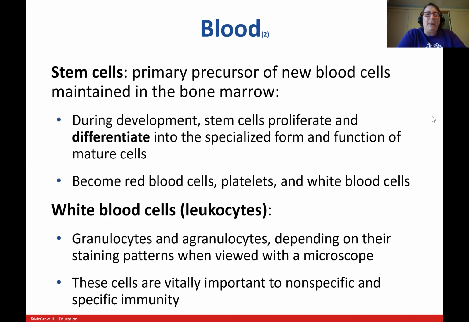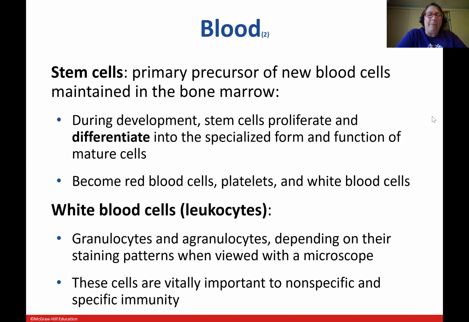Okay. White blood cells are also referred to as leukocytes, and they have one or two basic forms. One of them is the granulocyte, okay? And basically, granulocytes versus agranulocytes were differentiated simply by looking at stained white blood cells. And if it had granules, it was a granulocyte, and if it did not have granules when it was stained, it was an agranulocyte. But again, there are different maturation processes, and these two types of cells do have different jobs in the immune system.